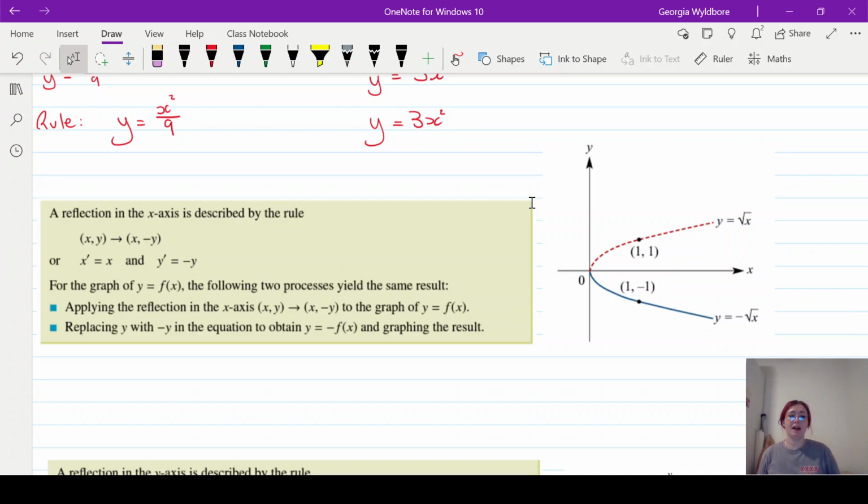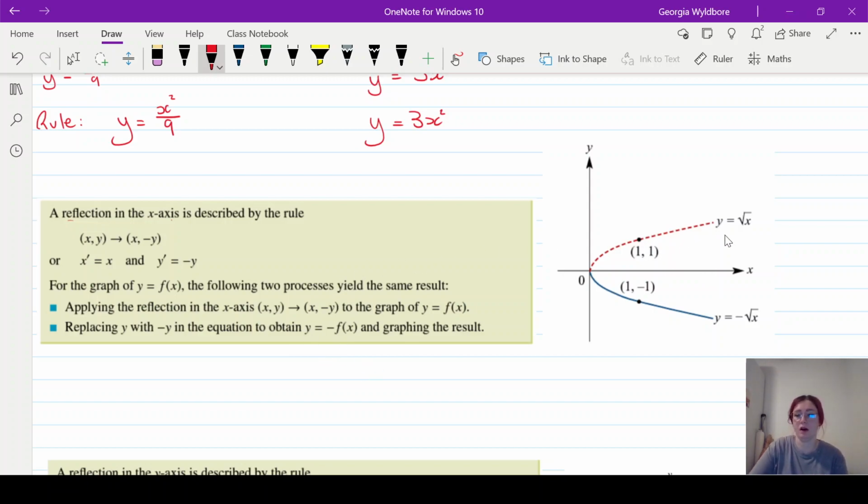When we want to perform a reflection rather than a dilation, all we're saying, again, is our rule. So if we're reflecting in the x-axis, we're applying that reflection to the y coordinate. So the point xy is going to map to x, negative y. So effectively, all you are doing is replacing y with negative y in your equation to say y equals negative f of x.